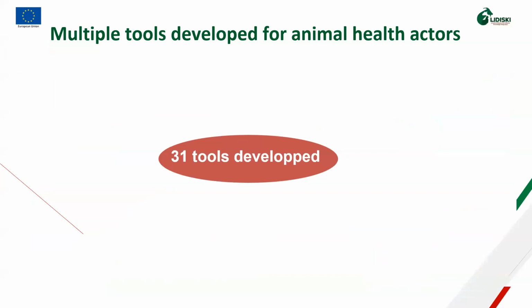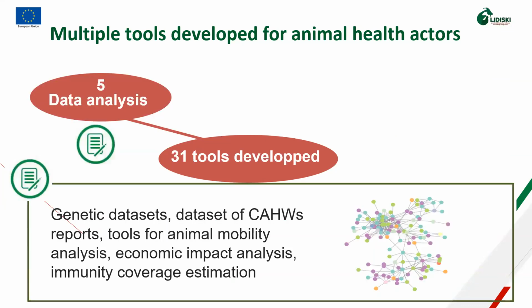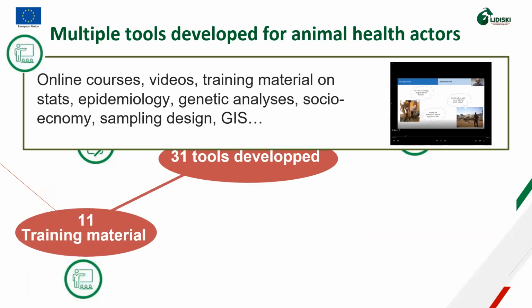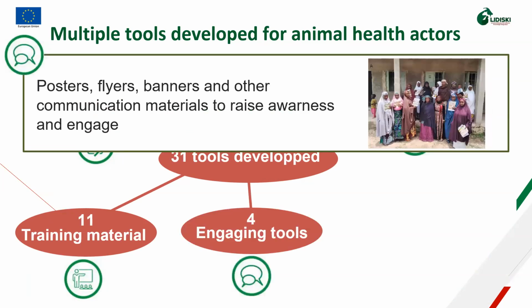So as I was saying, 31 tools developed: 5 for data analysis so far, 4 for lab activities, 11 for training materials, and then we have some tools for better engaging communities.